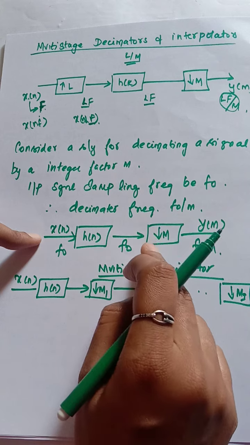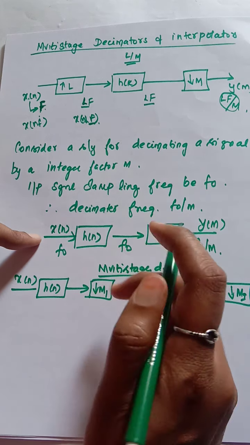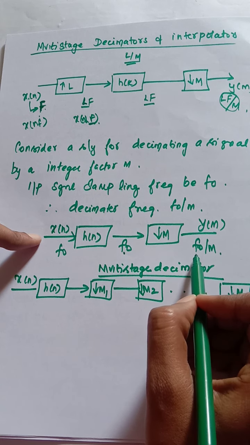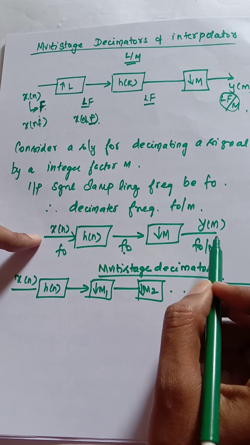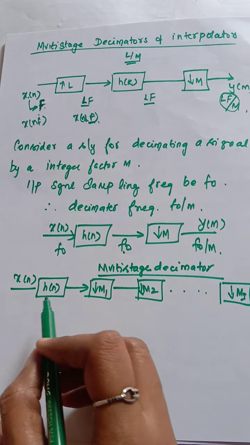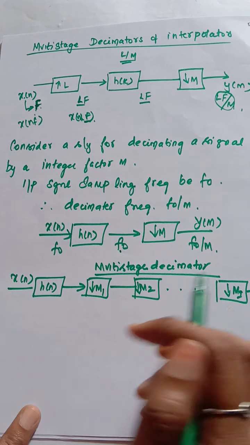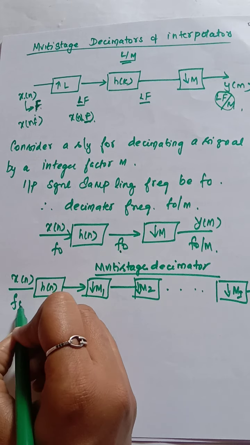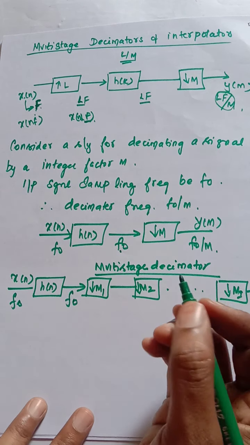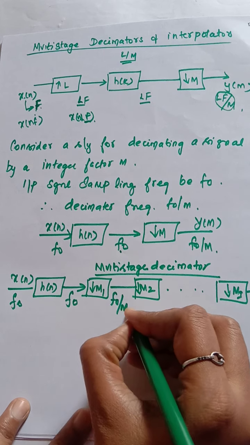Now I have a decimator of decimating factor m, so the sampling frequency changes to f naught by m, since I am decreasing the sampling rate. In a multi-stage case I have more than one decimator. The output of the filter is f naught, and after decimating I get f naught by m1.